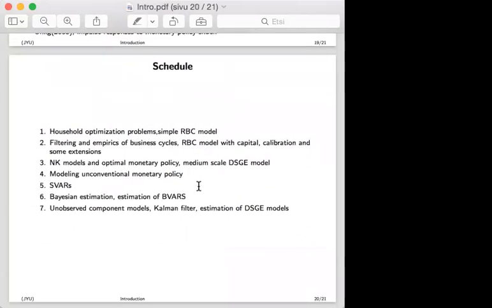Okay, this shows the content of the course. We first study simple optimization problems of households and then put these into a simple DSGE model. Then we will move to a DSGE RBC model with capital, and with this we are able to match some empirical features by calibrating the model.